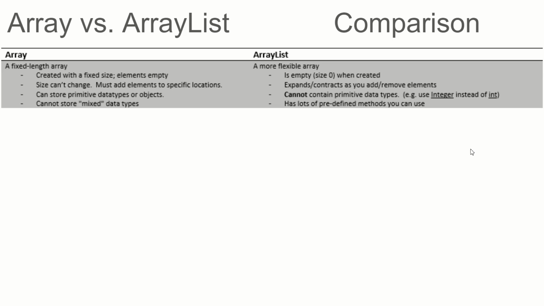Okay. So I've already said that arrays, you create them to be a fixed size. The size can't change. You can store either primitive data types or objects, but unlike languages like Python, in a single list, you can't mix an int and then a string and then a person object and then another int. And the same is true of array lists as well.